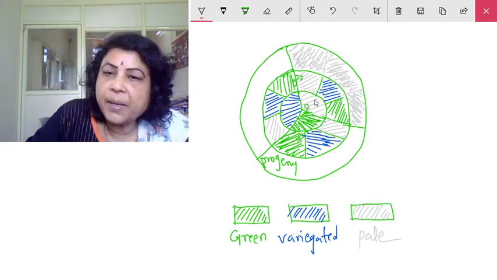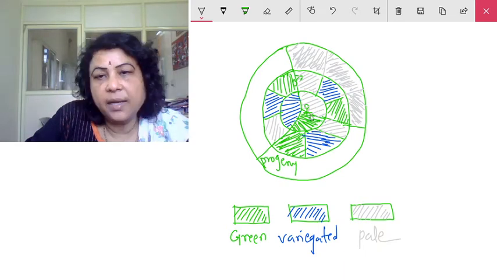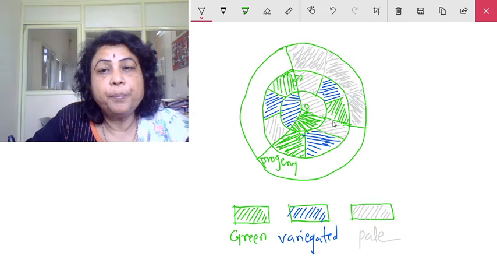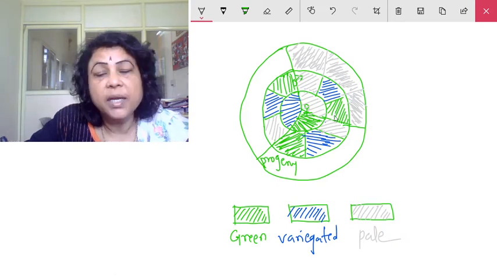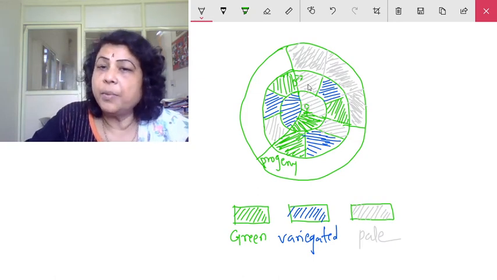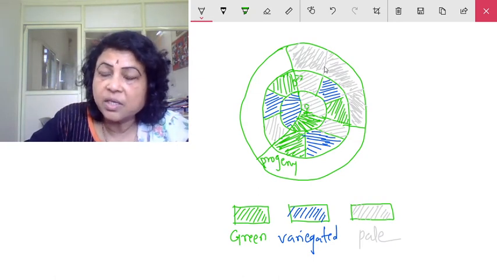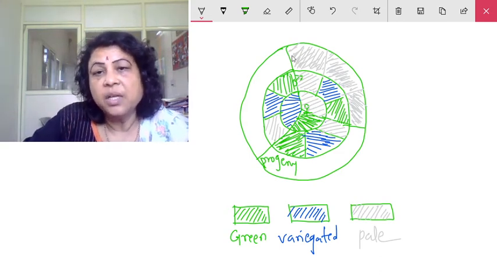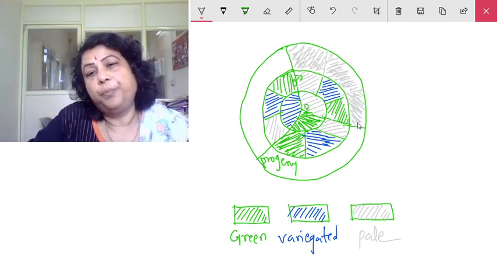Because the female is pale, irrespective of the branch of the pollen, whether from green branch, variegated branch or pale branch, if the ovule is from pale branch, then all the progenies are pale.